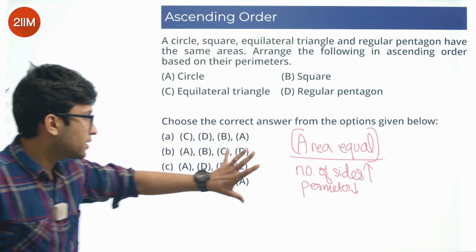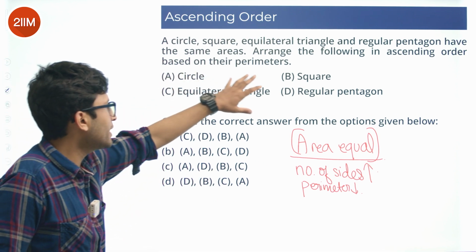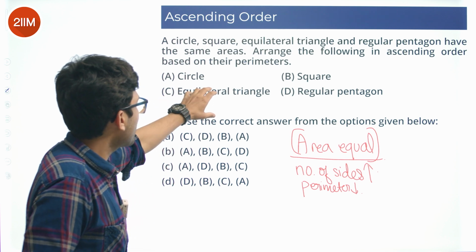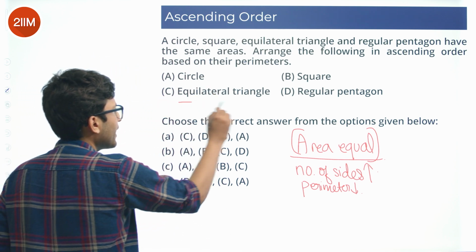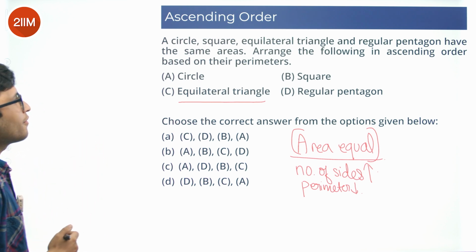Okay, only on this very concept the entire question is based. So there are 4 things. So first of all, the least number of sides would be with the triangle.